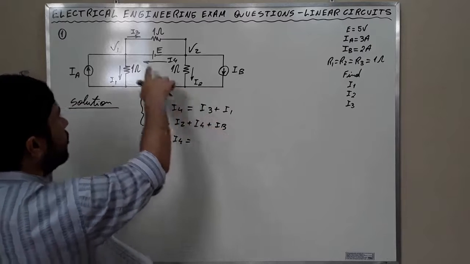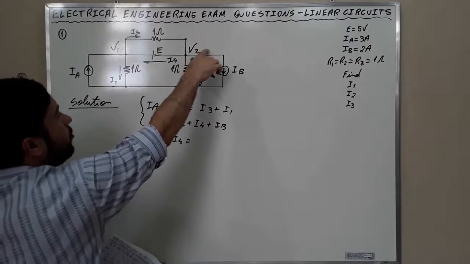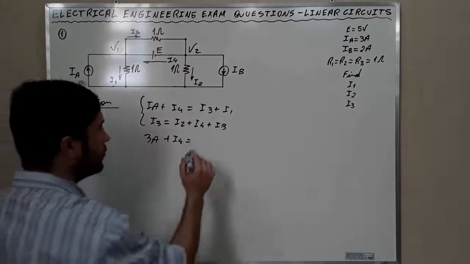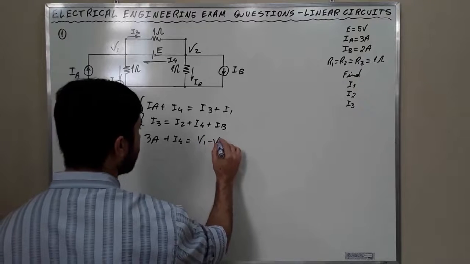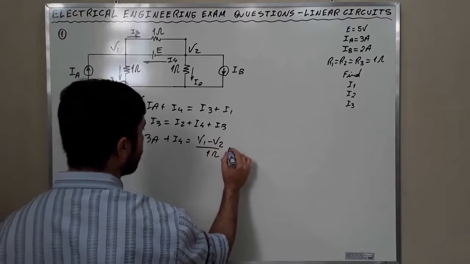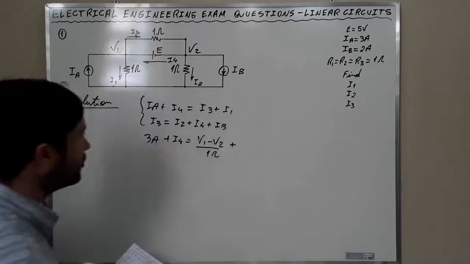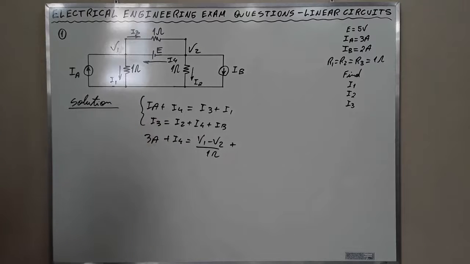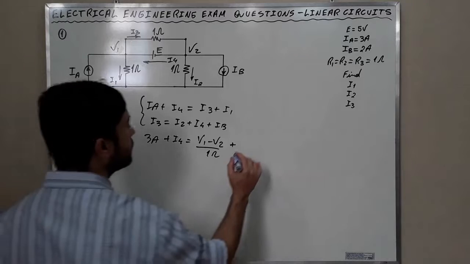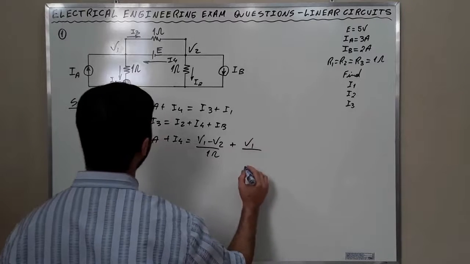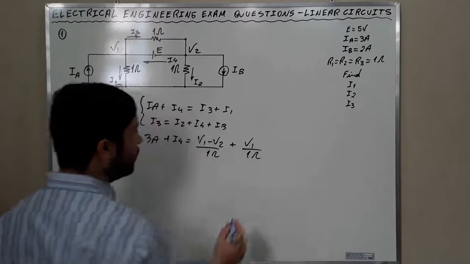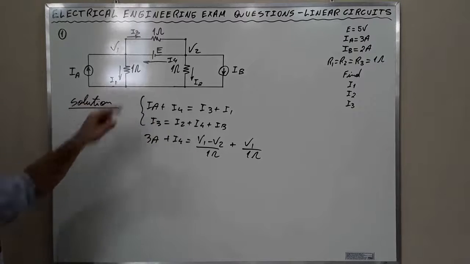I3 is equal to V1 minus V2 divided by 1 ohm, plus I1. I1 is V1, the voltage at the node, divided by the resistance, 1 ohm.